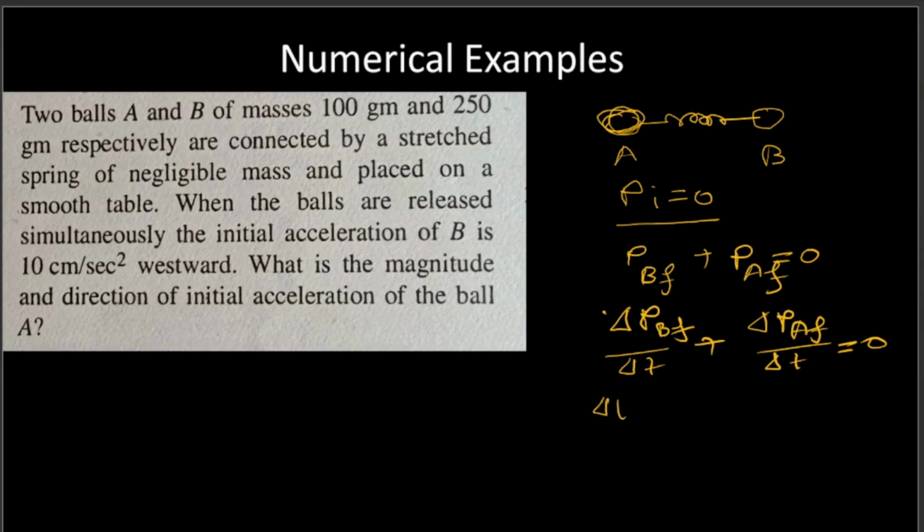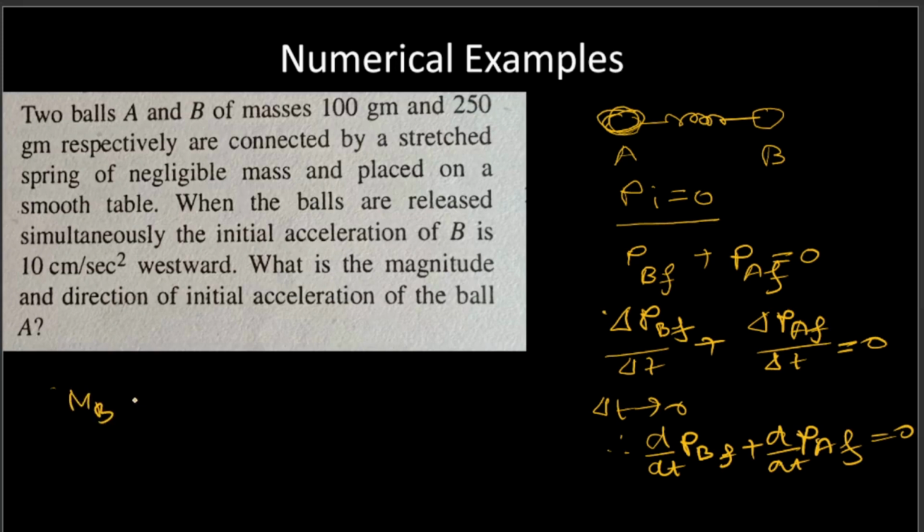Means if delta t tends to 0, very small, then we can write d dt of P B final and d dt of P A final is equal to 0. Now P B final is m B and the velocity of B. So simply you can write m B and d dt of v B, and here it is m A and d dt of v A is equal to 0.